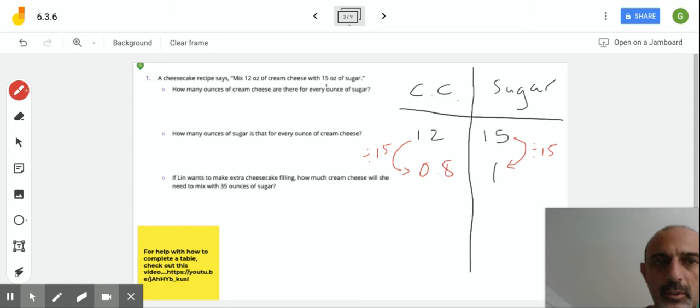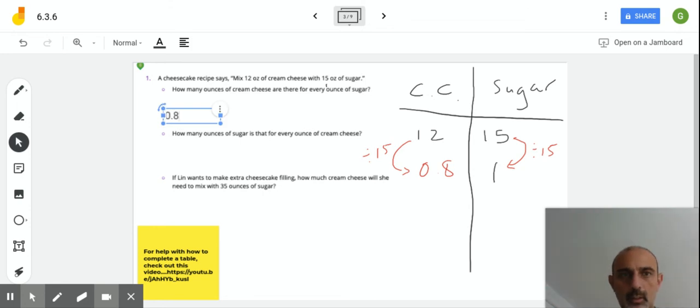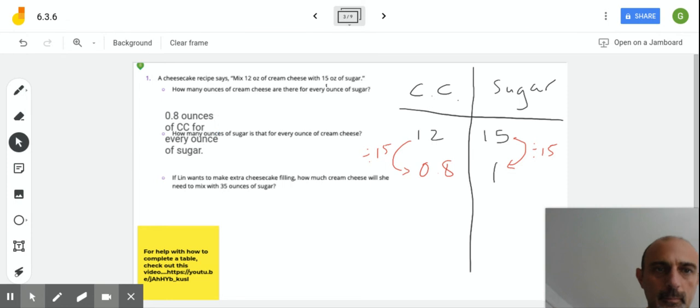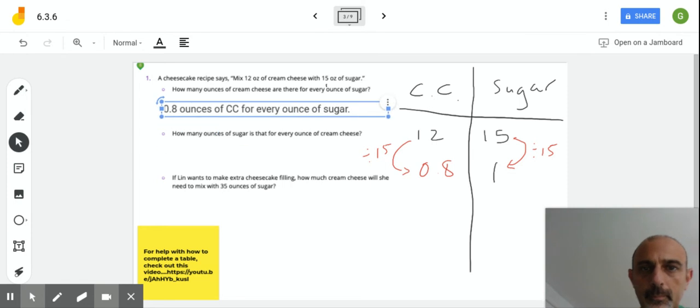So that means that this is 0.8. I'll do a text box here. So we need 0.8 ounces of cream cheese for every ounce of sugar. And we've got that there. Okay.